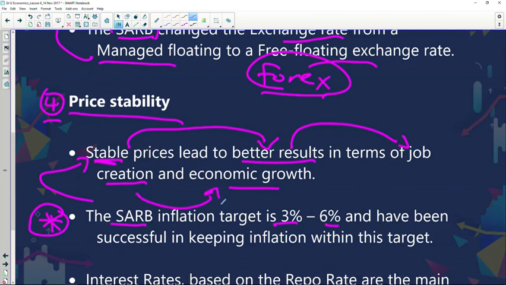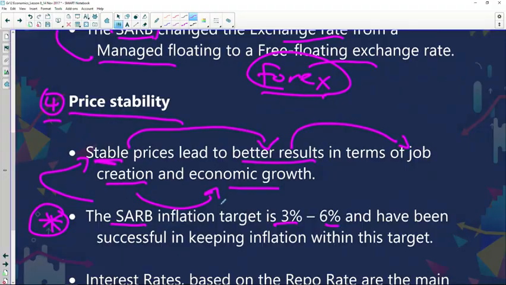So you should be able to link these things and not look at them in isolation, because it's important to show how one factor influences the other in making a positive or negative contribution. And we know that the South African Reserve Bank has been so good in keeping the inflation rate within its ideal targets.